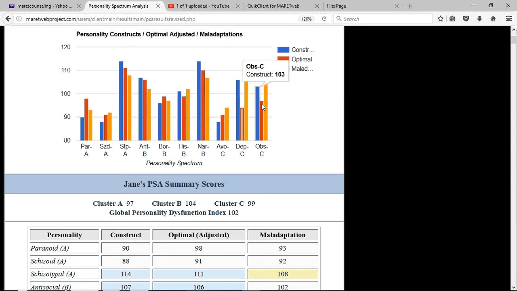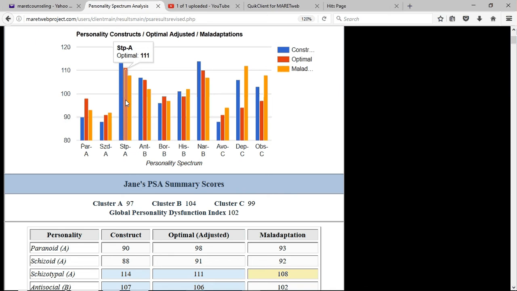This, no good. Maladaptation is running the show here. Absolutely running the show. The dependency and the obsessive compulsive issues are running the show.